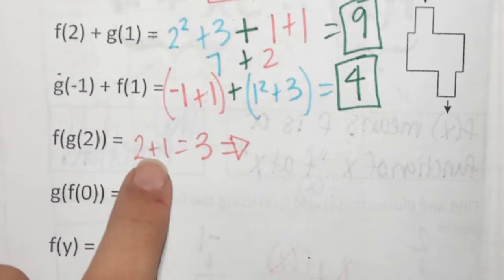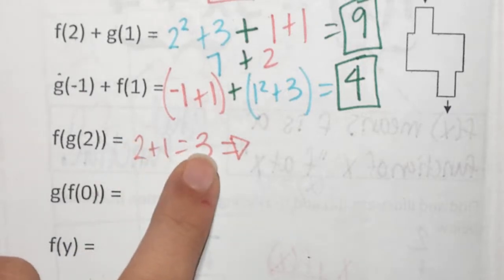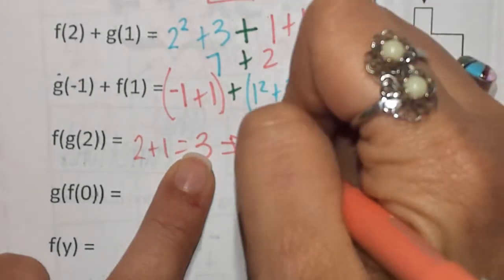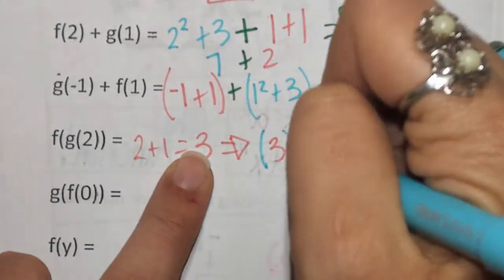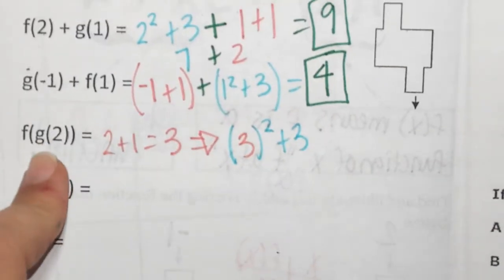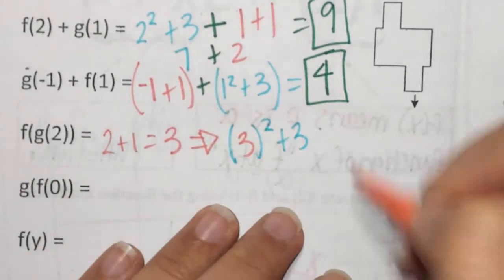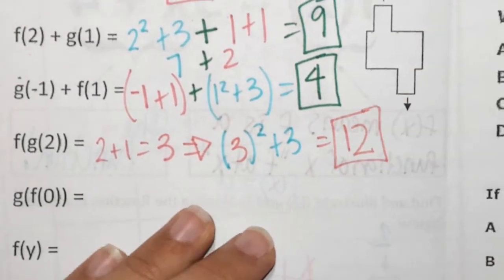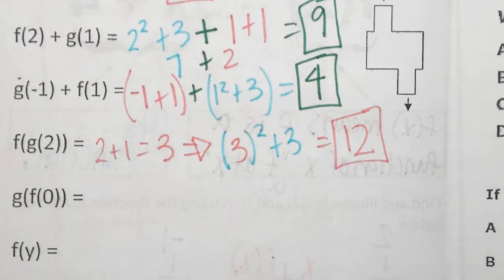So I said 2 plus 1 equals 3. Then I take 3 and I'm going to plug it into F, which is 3 squared plus 3. 3 squared is 9. 9 plus 3 is 12.